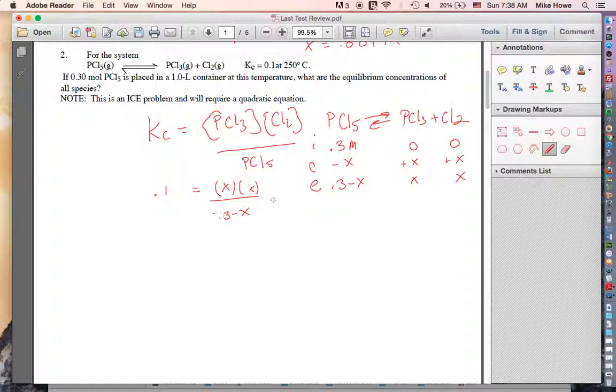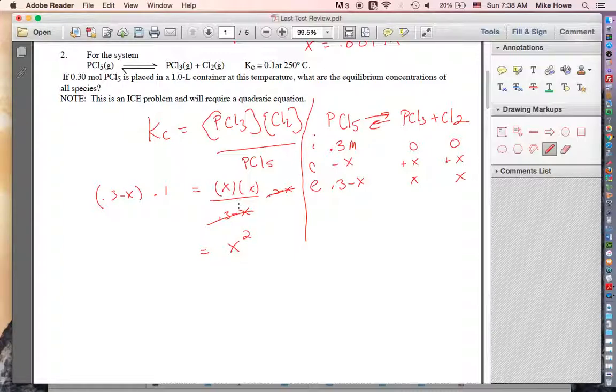Now we need to do algebra, so we're going to multiply both sides. Remember how we clear out the denominator. So you've got to multiply both sides by 0.3 minus x. Cancel out over here. We're going to have x squared left on the right side.